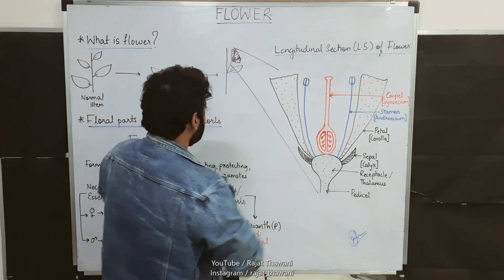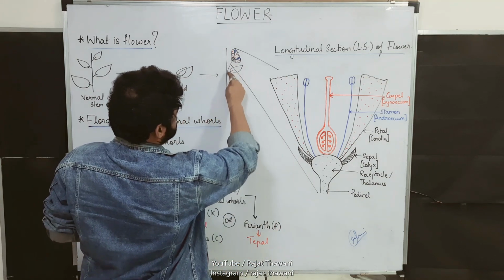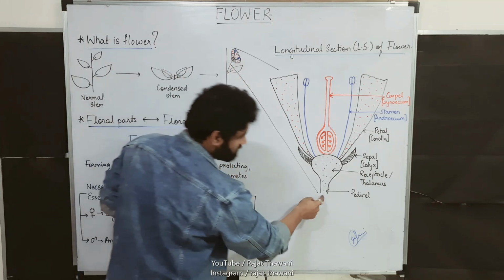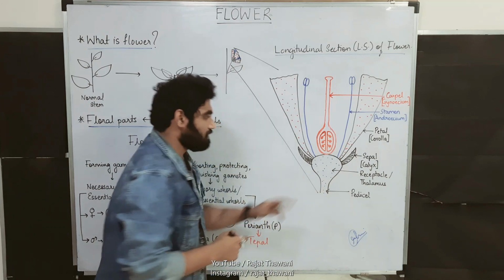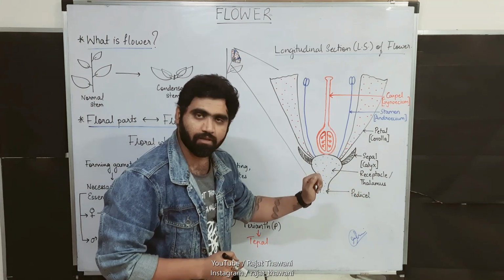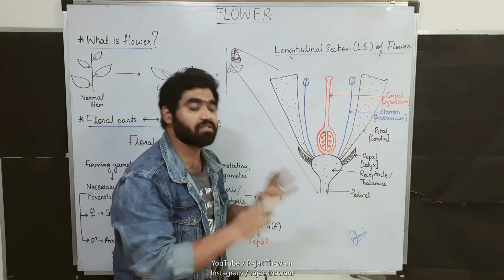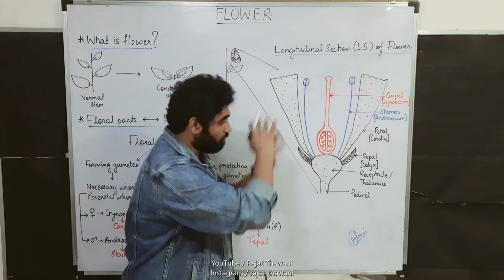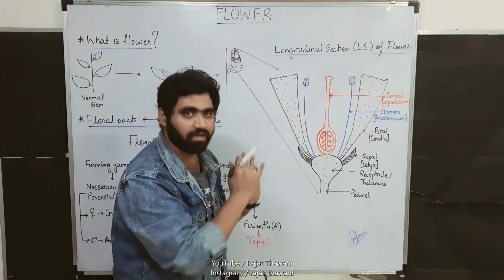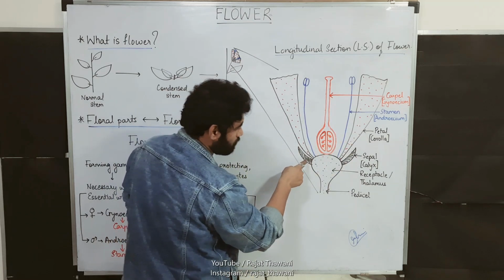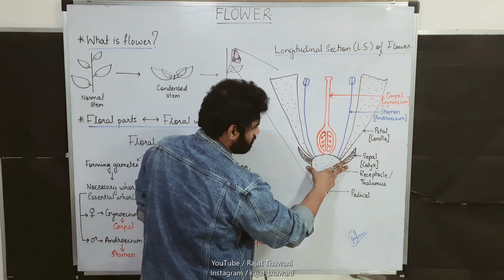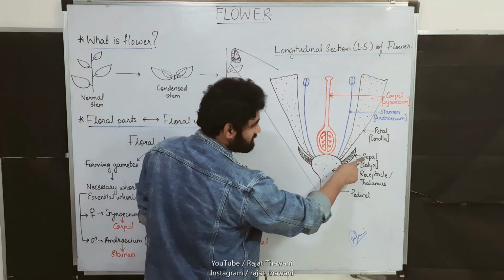If you see LS of the flower, you can see this stalk-like structure of the flower that is called the pedicel. Pedicel at the upper end is swollen. That swollen part is called the receptacular thalamus. Basically, this is the one which serves as the base for all the parts to attach. So these are all the floral parts which are present. Now you see the outermost part present in the flower is called the sepal.